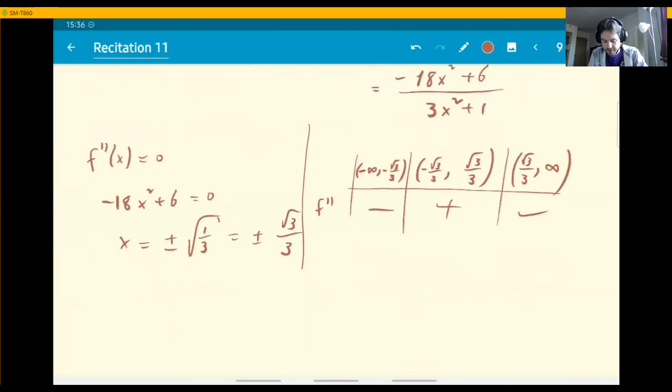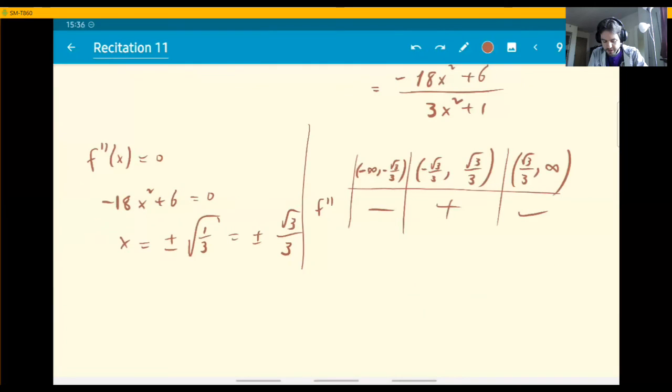Okay, but what does this mean? And why did we do that? Remember, this is not f prime. I'm not going to do the thing that I usually do because I'm not studying f prime. These are not critical points. The root 3 over 3 points were locations where f double prime is equal to 0.